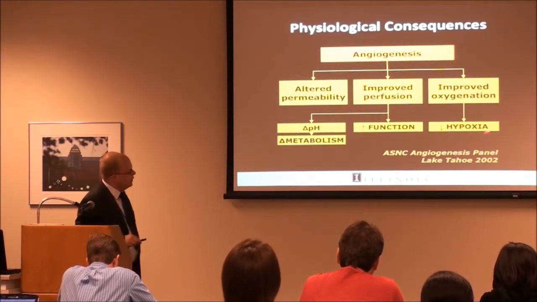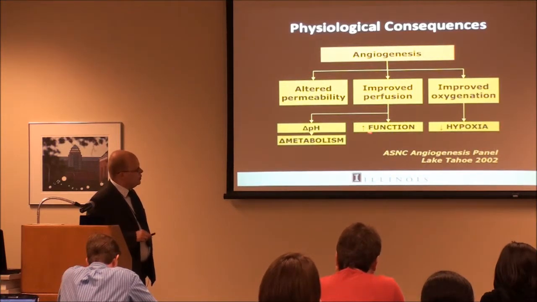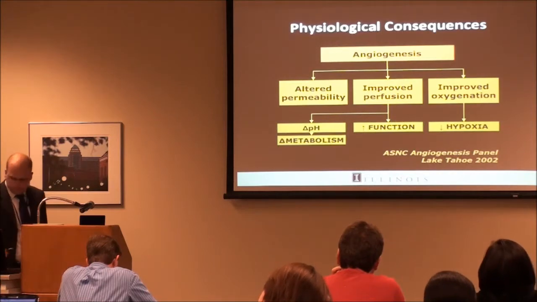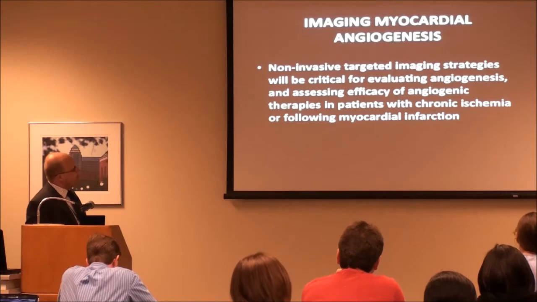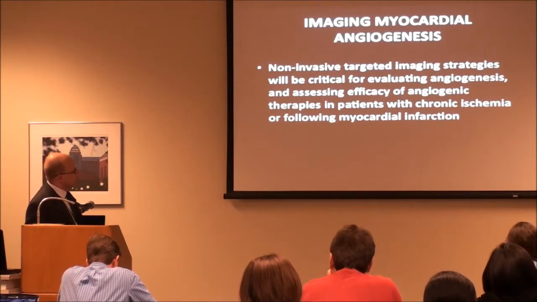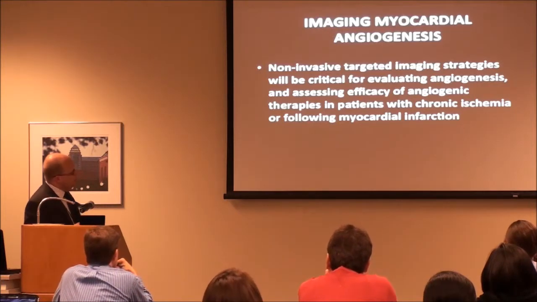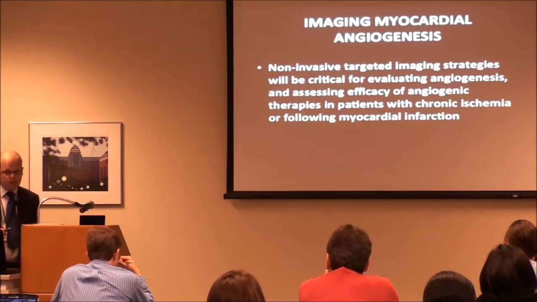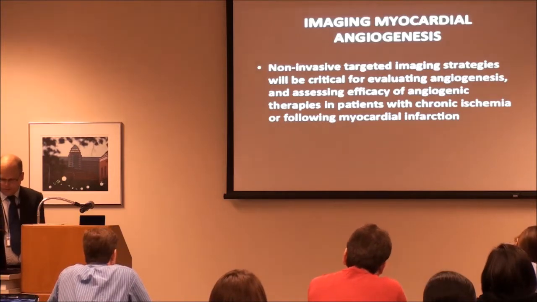Therefore, we can detect changes in hypoxia, function, metabolism, or pH. The imaging of myocardial angiogenesis was to develop non-invasive targeted imaging strategies, which will be critical for evaluating angiogenesis and assessing the efficacy of angiogenic therapies in patients with chronic ischemia or following myocardial infarction.